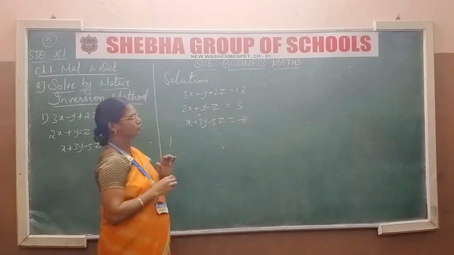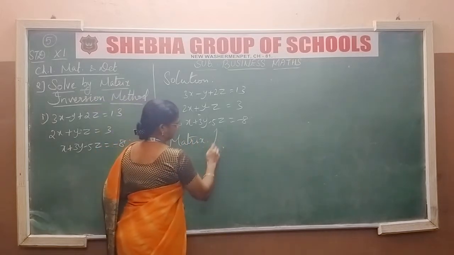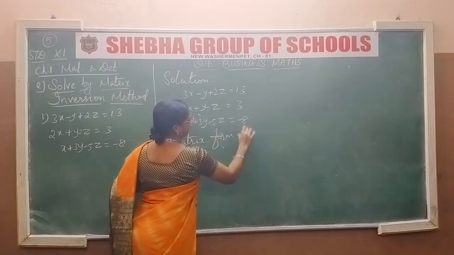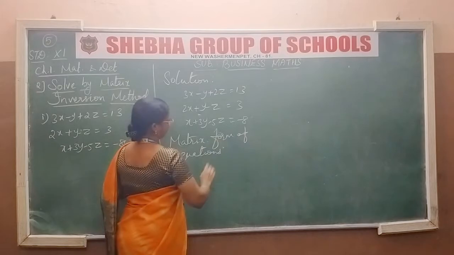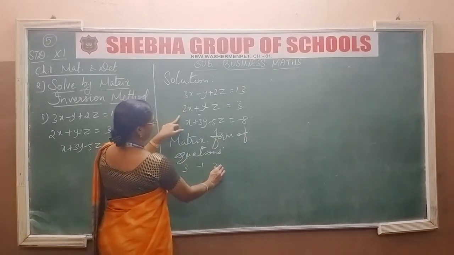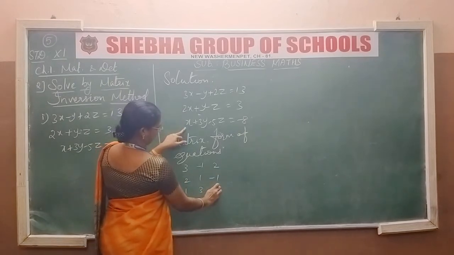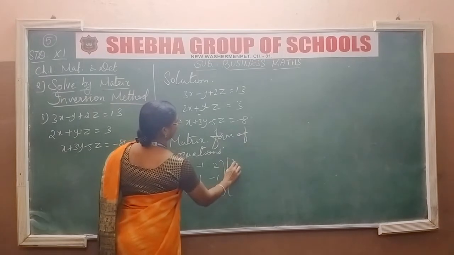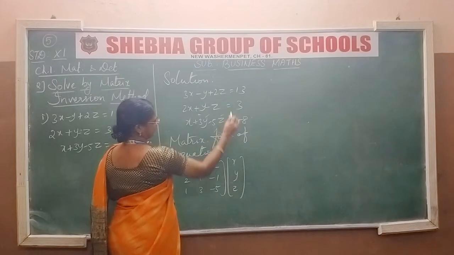First rewrite this into matrix form. The matrix form of the equations is 3 minus 1 2, 2 1 minus 1, 1 3 minus 5 into x, y, z. Here the unknowns are x, y, z.